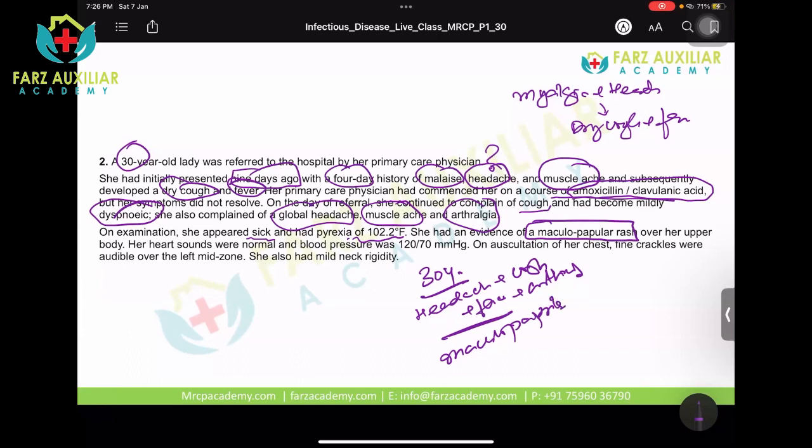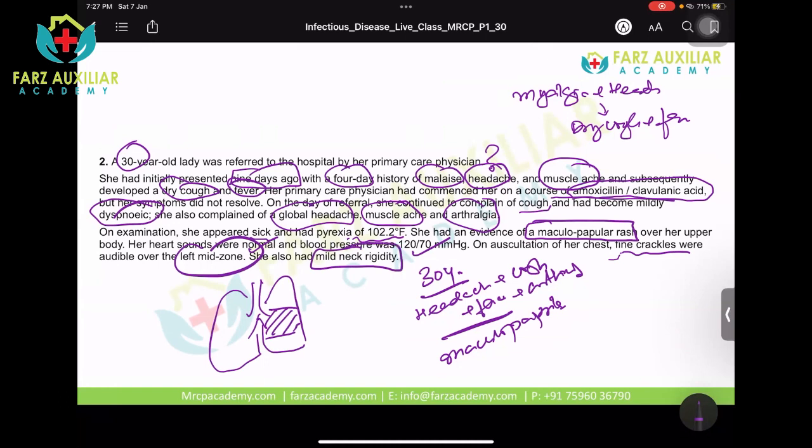Over her upper body, her heart sounds are normal. Blood pressure is 120/70. When you auscultate her chest, she has fine crackles audible on the left middle zone. So, left mid zone, the patient here somewhere has fine crackles. She also has mild neck rigidity.